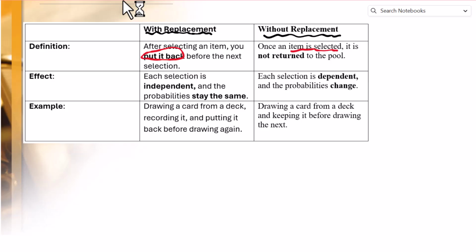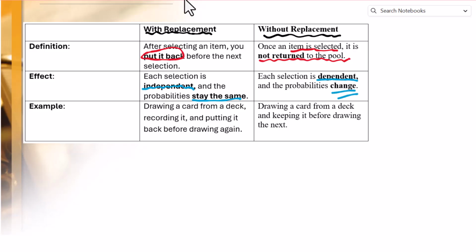It's not returned to the pool. With replacement, each selection is independent, and the probabilities stay the same. For without replacement, each selection is dependent, and the probabilities change.